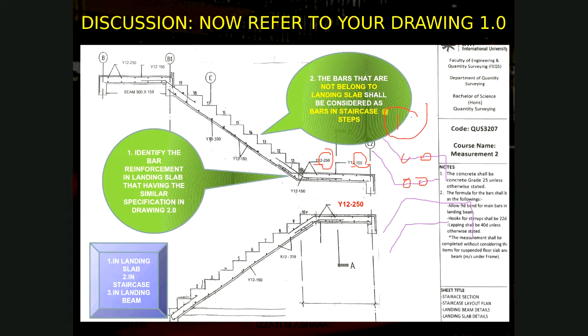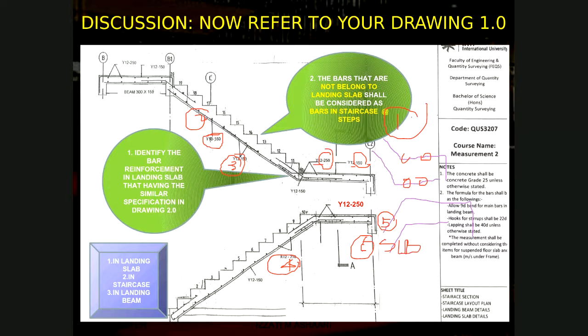Yeah. Okay, the second one, we have this inside the staircase. This is the second item. The third item, you can see this one. Number 4 is this one. Number 5 is the main bar in the landing beam. And number 6, you can see the stirrup in the landing beam.